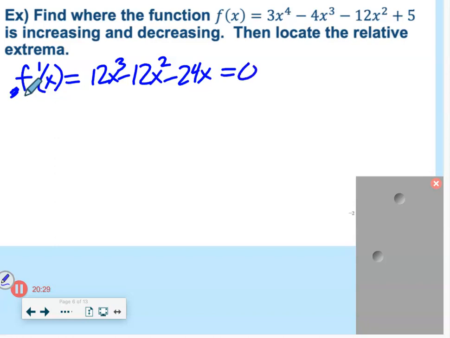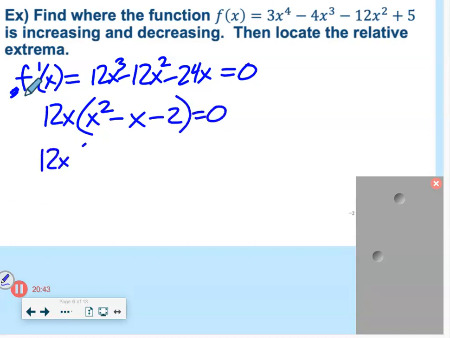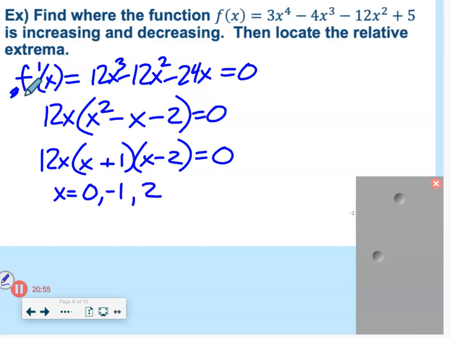So I'm going to go ahead and just set that equal to 0 and factor out 12x, and then we factor, and we get x equals 0, -1, and 2.